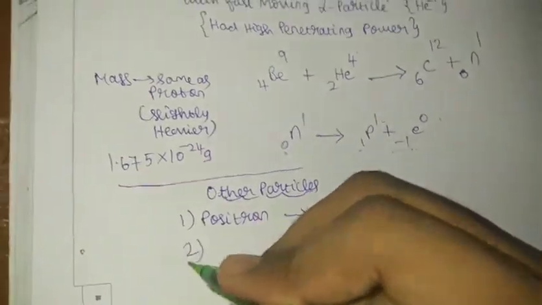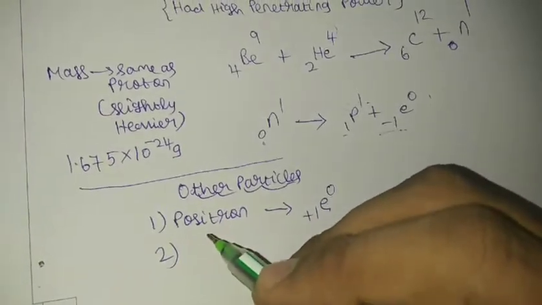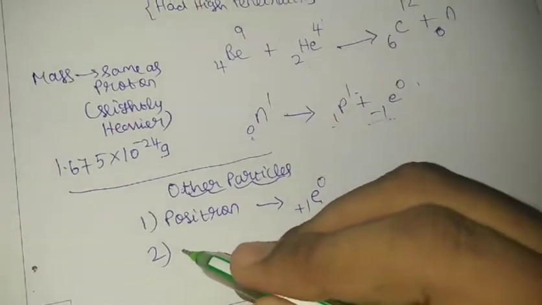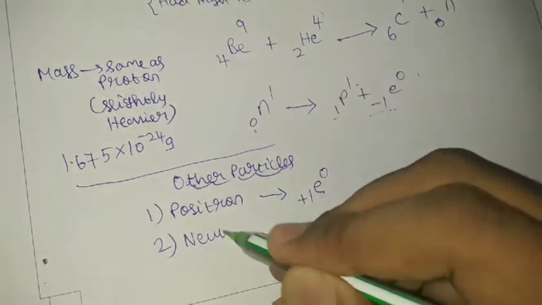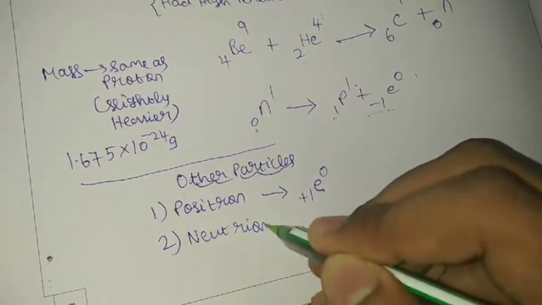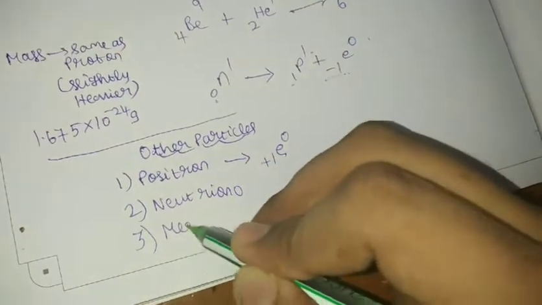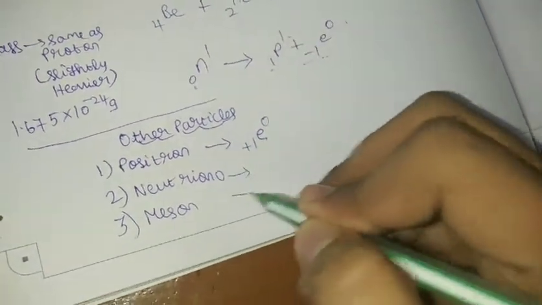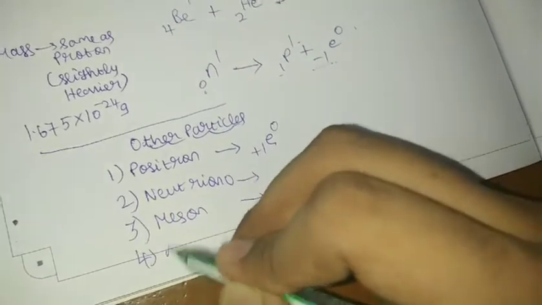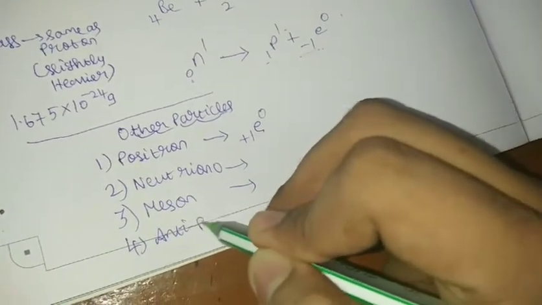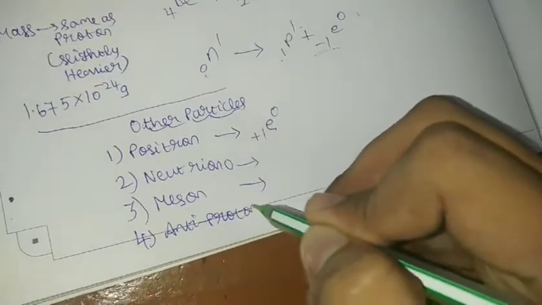Okay, this is positron. And there is something called neutrino, and something called meson. Meson only, it has many divisions. So there's something called antiproton. So for this you just need to know the names.